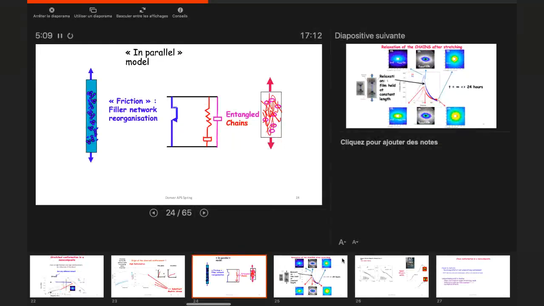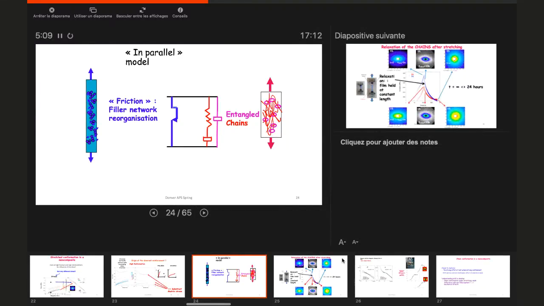So basically, you change one of the two springs, well, it's not really a spring. It's like, I don't know how you call this, the plastic element. So the chain is the spring, the Maxwell element, and the pink one is entanglement. What is the pink one? It's a friction in between chains. It's a relaxation, a rotation. So it's purely viscous.